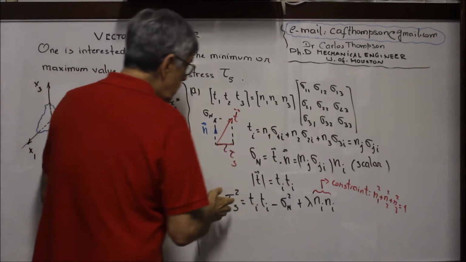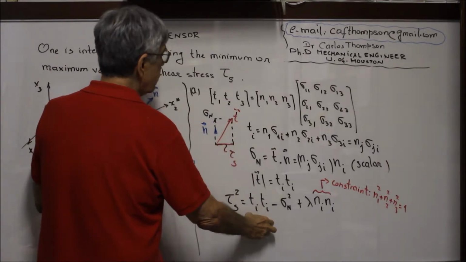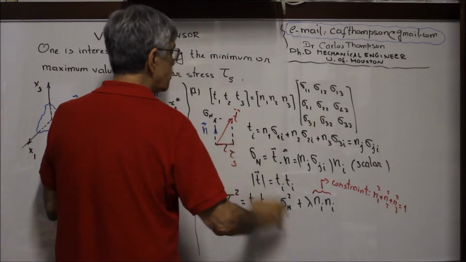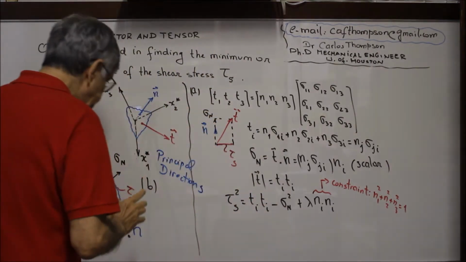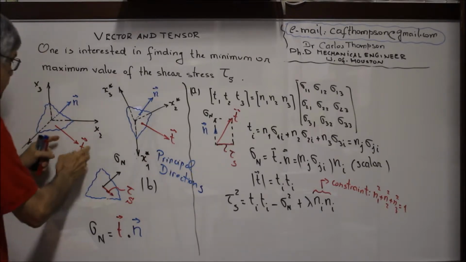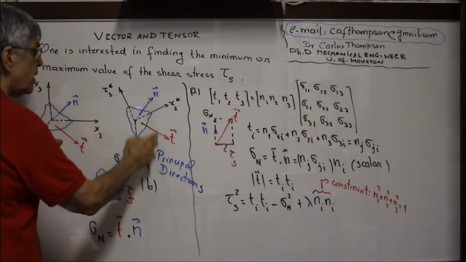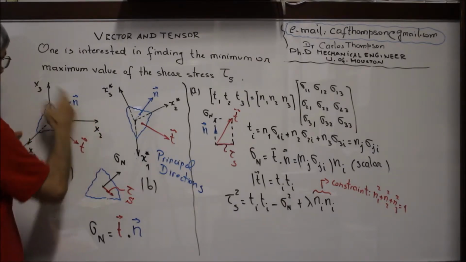Obviously, tau s squared will be this length minus sigma n squared. Let's forget for a while this here. Now, we can see also here that t and n are the same, so they do not depend on the coordinate system.